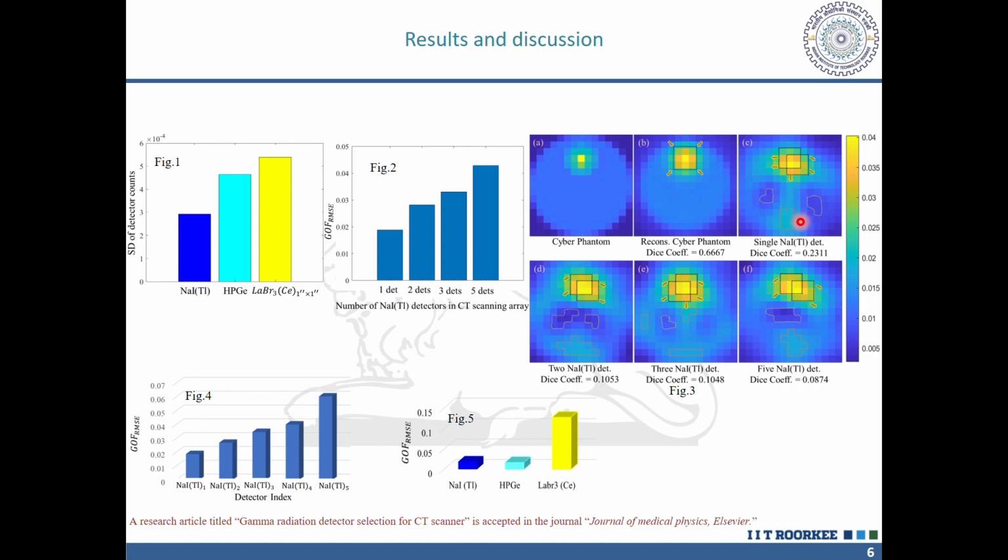This is the CT image using a single sodium iodide detector. This is when 2 detectors are used, then 3, and then 5. The impact of the scattering noise on CT images can be seen in the form of the inefficiency and lack of information available in the CT images, which is marked here with yellow and red colors.